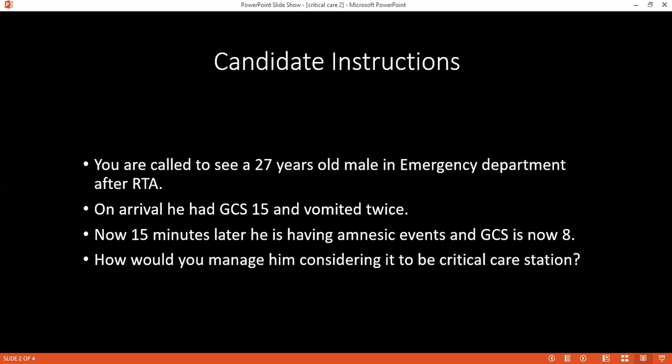Yes, herniation. Okay, can you please tell me how would you differentiate between Cushing reflex and the Cushing triad? Cushing reflex is when the patient is having a bradycardia as well as hypertension.